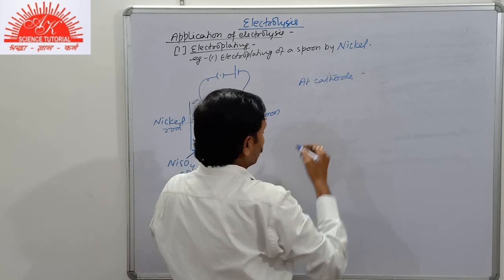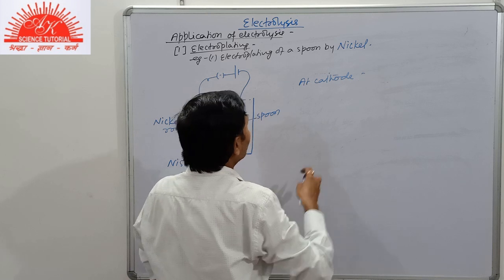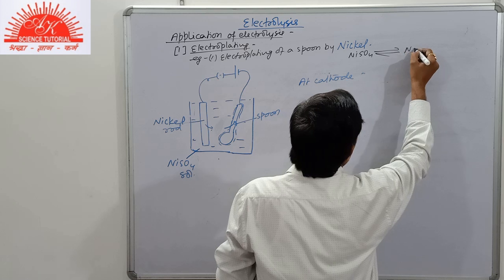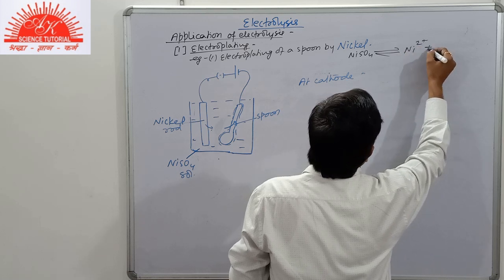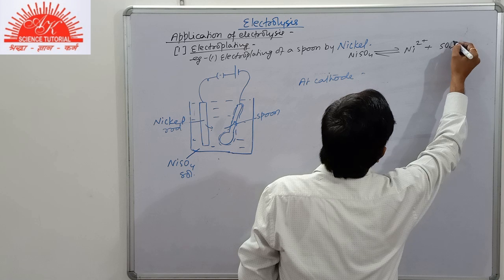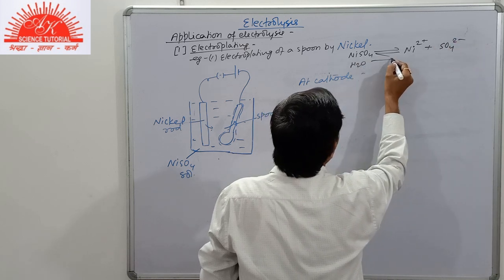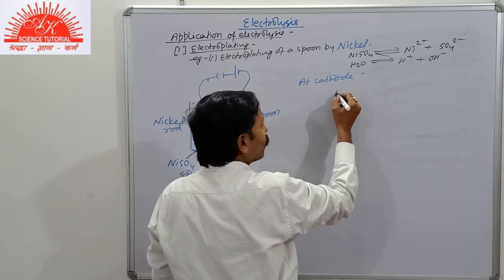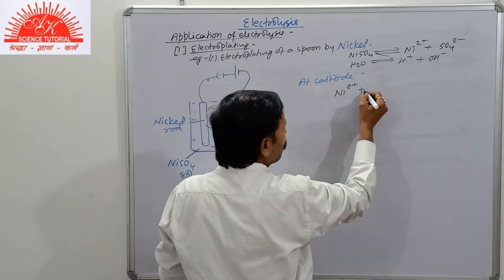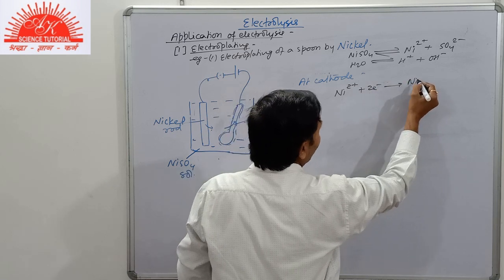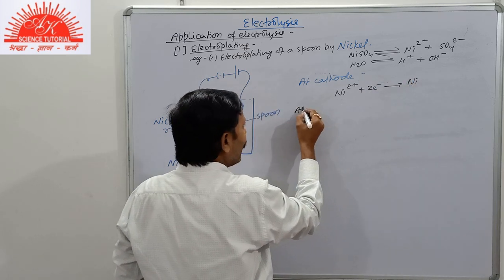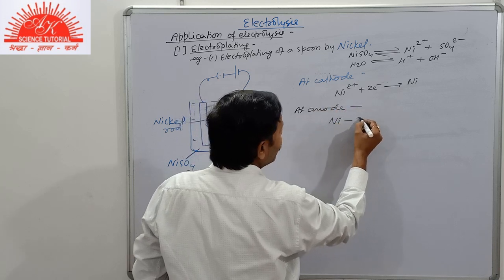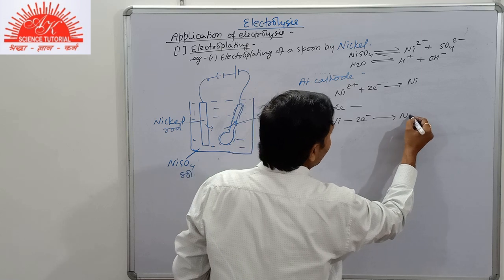As a result, at cathode, we see here that suppose we have NiSO4 gives Ni2+, SO4 2-, and H2O, H+ and OH-. At cathode, Ni2+ plus 2 electrons gives Ni, and at anode, Ni minus 2 electrons gives Ni2+.